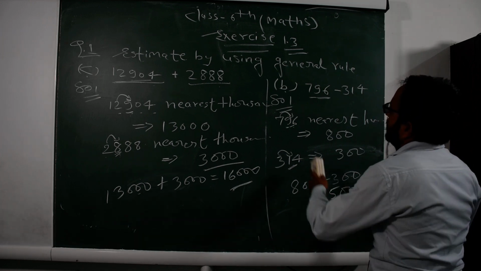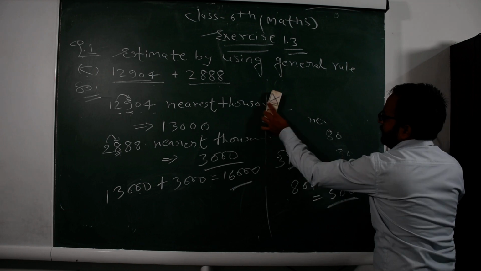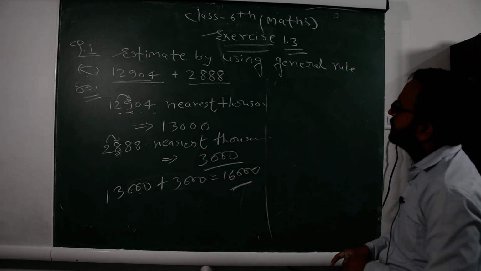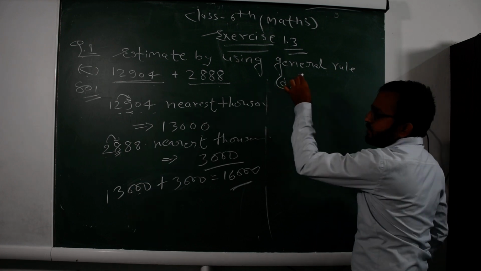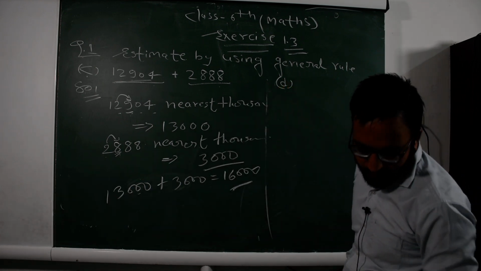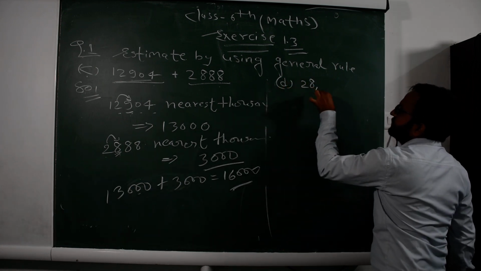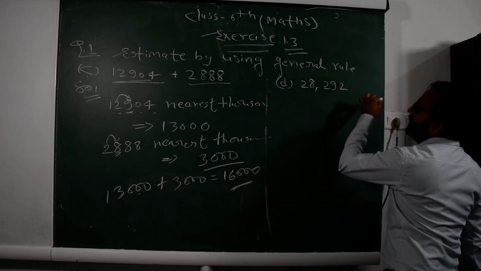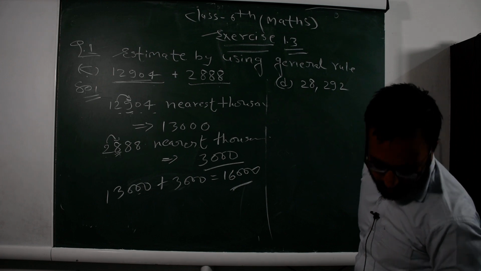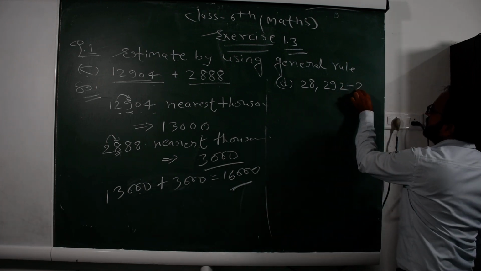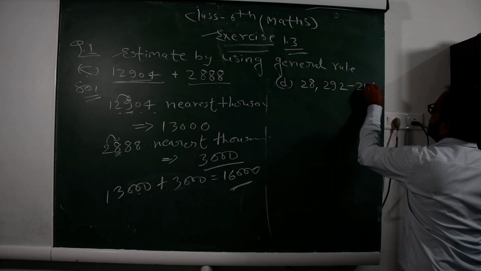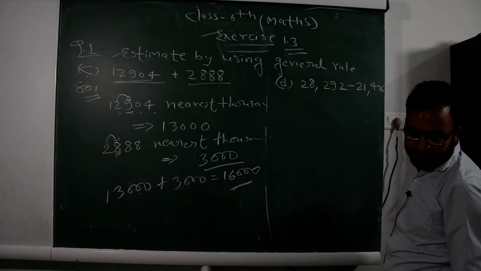Okay. Now we try to solve the D part of this question. 28,292 minus 21,496.